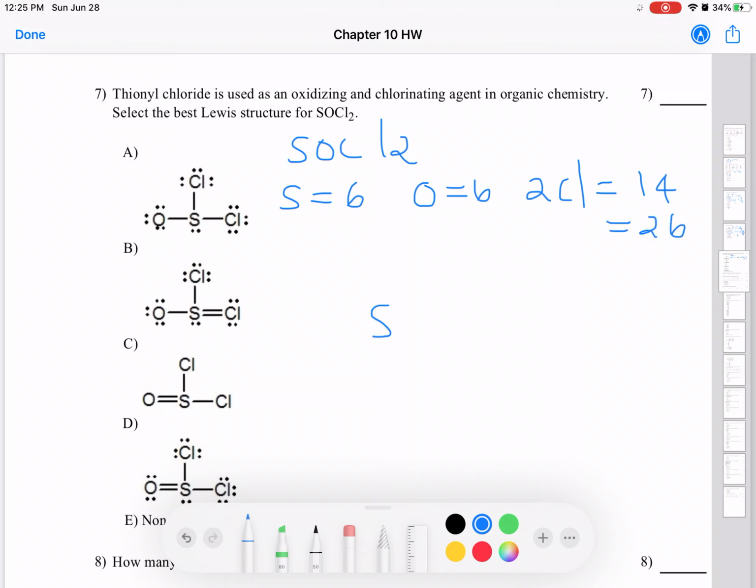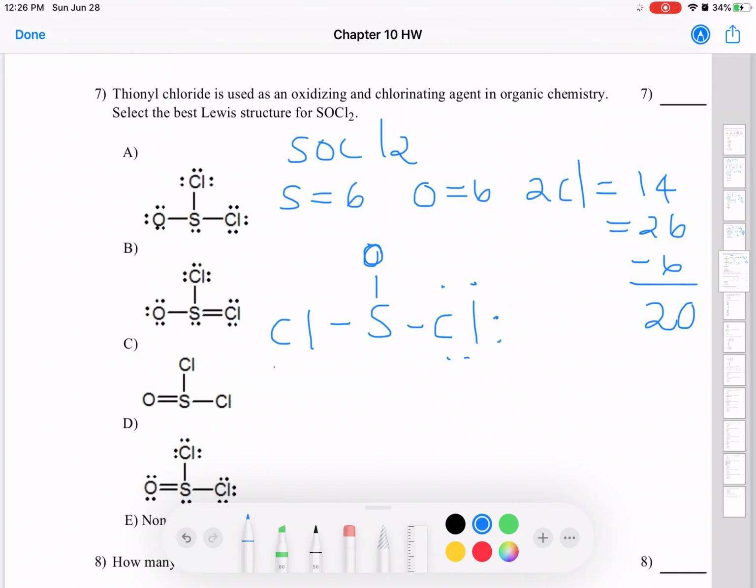Sulfur is going to be in the center, and then you have one oxygen, and then you have another chlorine. Now for the skeleton, how many electrons have we used up? We use 3 bonds. 3 bonds means 6 electrons. So we are left with 20 more electrons. So we're going to put them on our terminal atoms to make them octets.